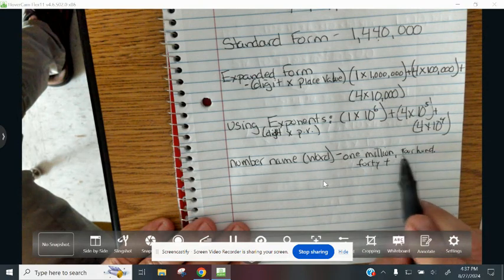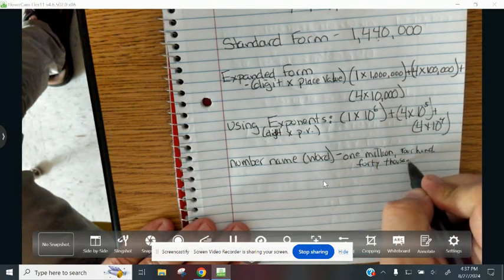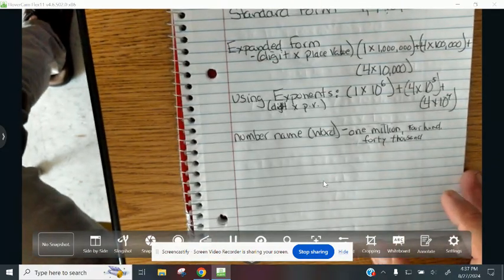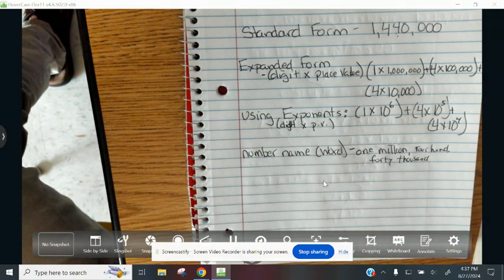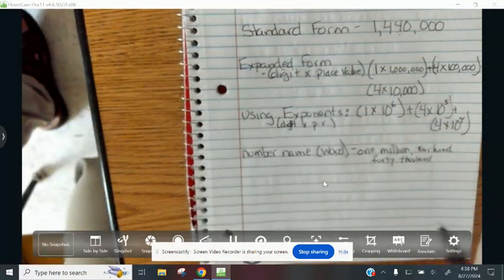There's nothing else to write, so that's how you would write that number. Read it as you see it. If you can say it out loud, you can write it down in word form. 1,440,000.